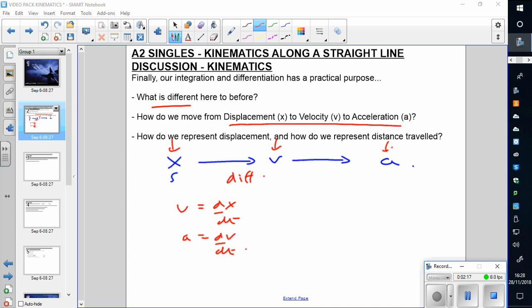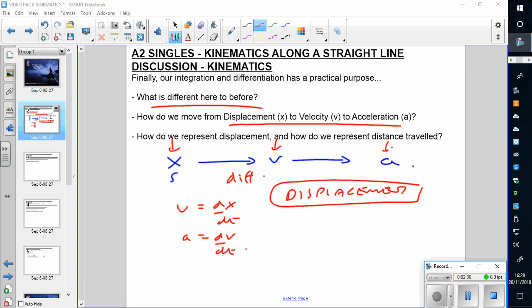We've said what's different here, that we don't have constant acceleration, and we know we're going along a straight line at the moment. How do we represent displacement? How do we represent distance traveled? This is super important, okay? Displacement, I'm just going to say this now. How do you figure displacement?